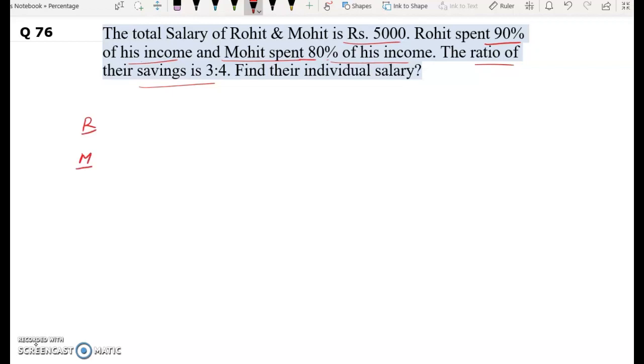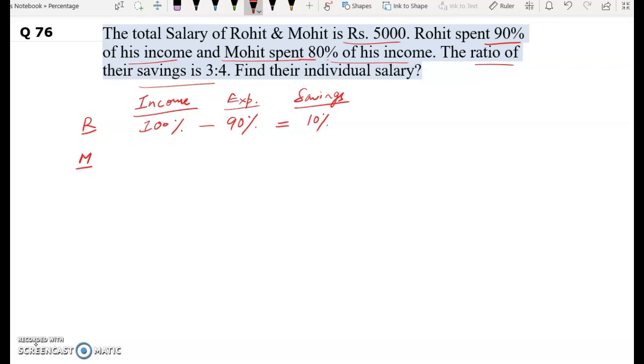Now, Rohit spent 90% of his income. If income of Rohit is 100%, his expenditure is how much? He spends 90%. Expenditure is 90%. So his savings will be how much? Savings will be 100 minus 90, 10%.